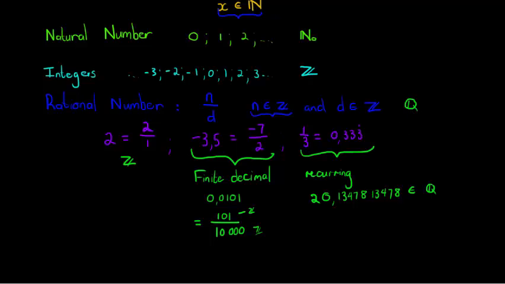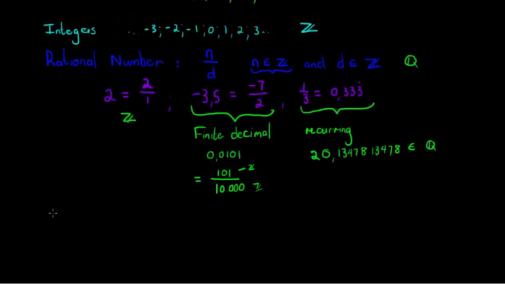Now that brings us to our next number, which is irrational numbers. An irrational number is obviously a number that is not rational. Irrational is simply not rational. If we look at our definition for rational, it's exactly the opposite. All integers are rational, so irrational numbers do not include the rationals.